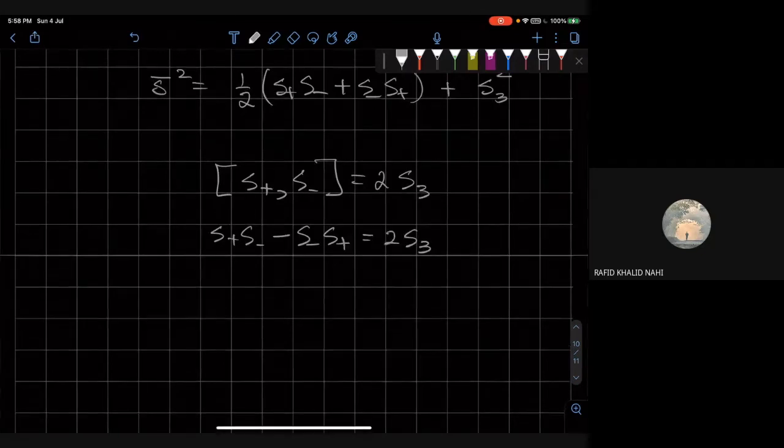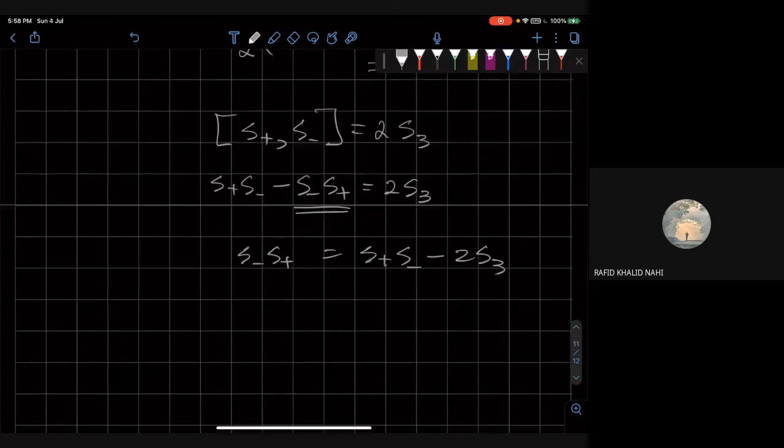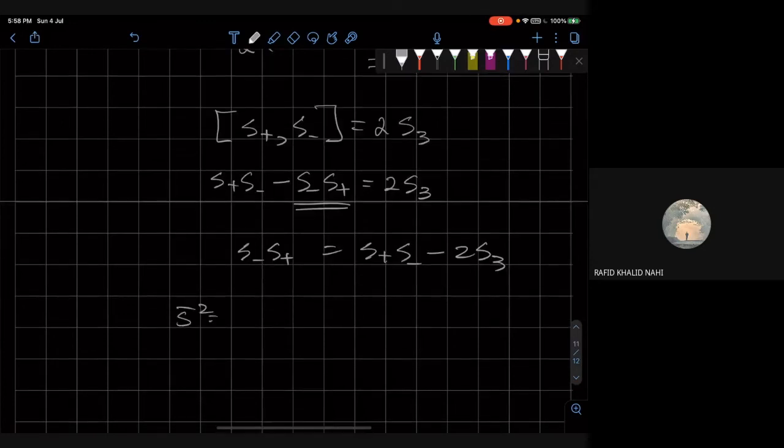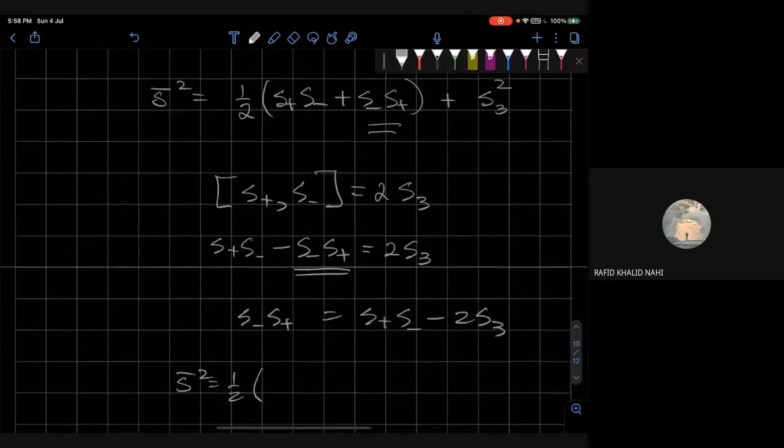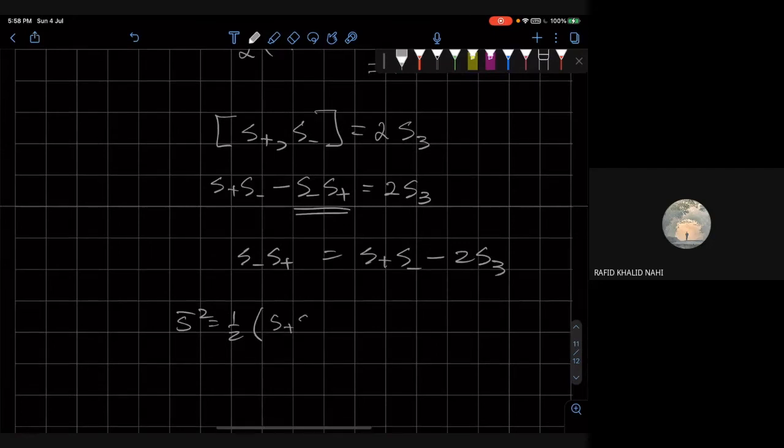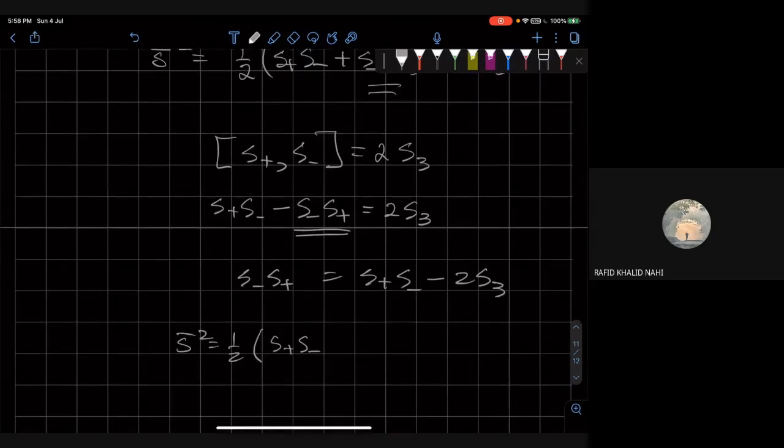So that means that S minus S plus is equal to S plus S minus minus 2S3. Now use this to eliminate this. So S squared is half S plus S minus plus S plus S minus minus 2S3.